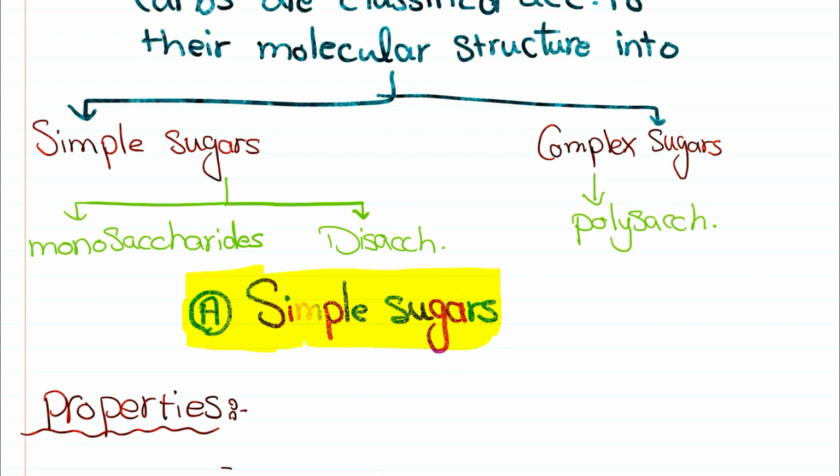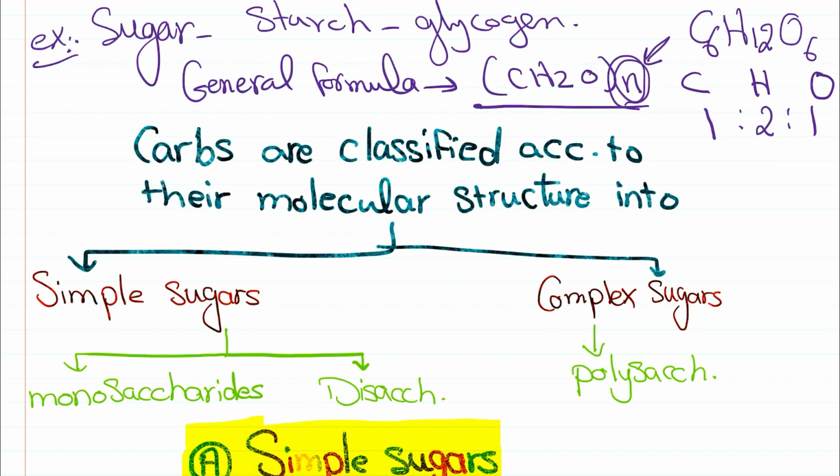Do we have any examples of these carbohydrates? In the plant cell, we have an organelle called chloroplasts. Chloroplasts contain a green pigment called chlorophyll. The chlorophyll is used for trapping sunlight during an important process called photosynthesis. During photosynthesis, carbon dioxide and water combine together to form glucose.